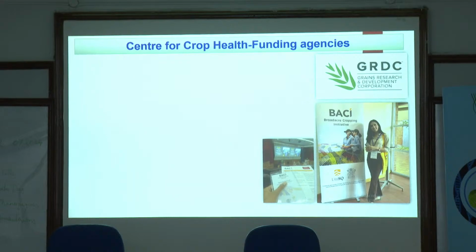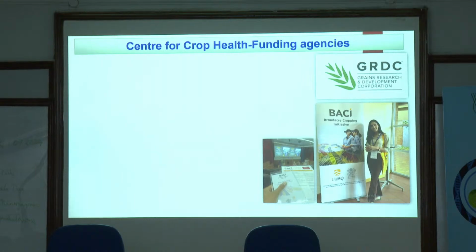Now, moving to the Center for Crop Health. In Australia, an interesting concept for me was the funding agencies as well. In agricultural research there are two main governing funding agencies.